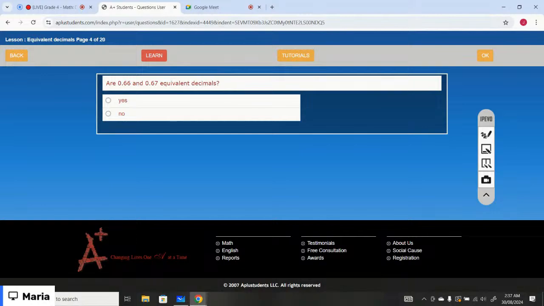Are 0.66 and 0.67 equivalent decimals? The correct option is no, they are not equivalent, right? The correct option is no.